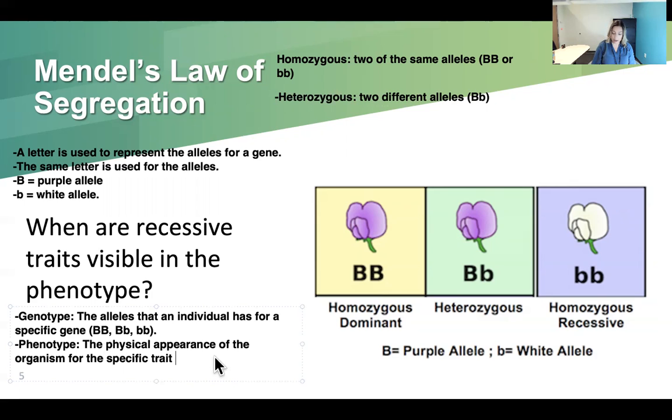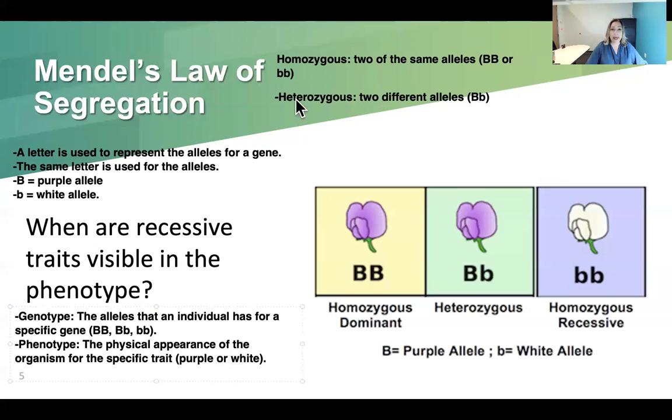Okay, so in the example on the right here, it would be purple or white. Okay, the flower is purple, it looks purple, or it looks white. Now, the phenotype, let me say, does not necessarily tell you what the genotype is of the individual.